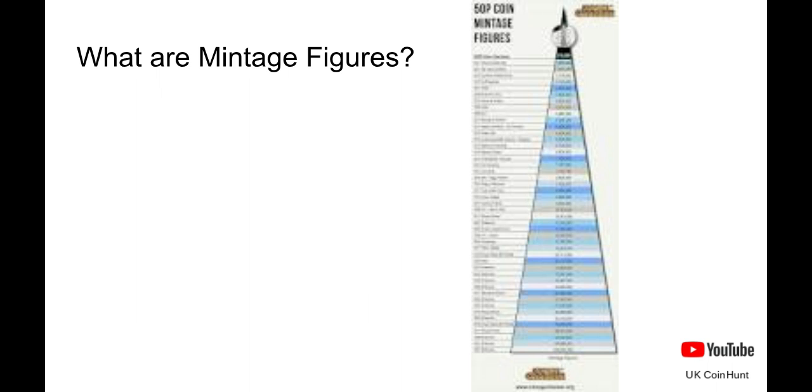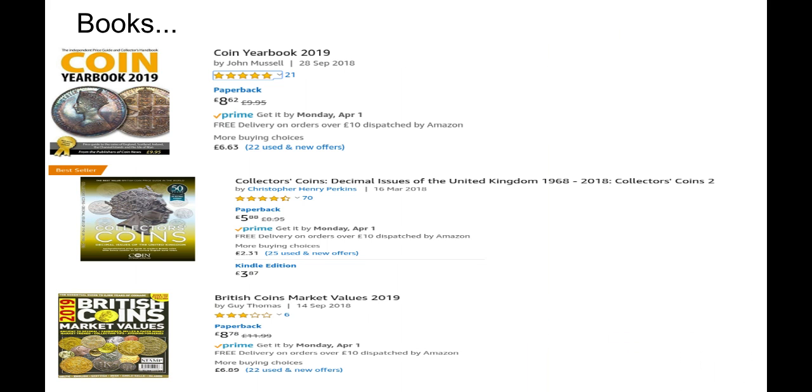However, now in 2019 that has been re-released, which I'll explain in another video, but because it has a 2019 date, the mintage figures are different because it's a different year.